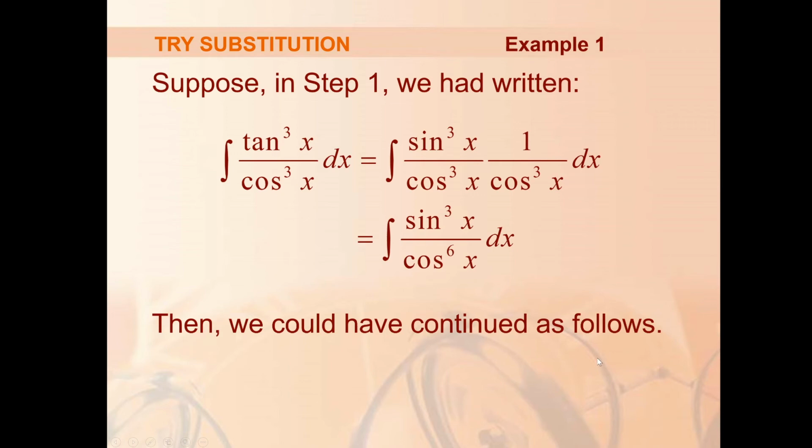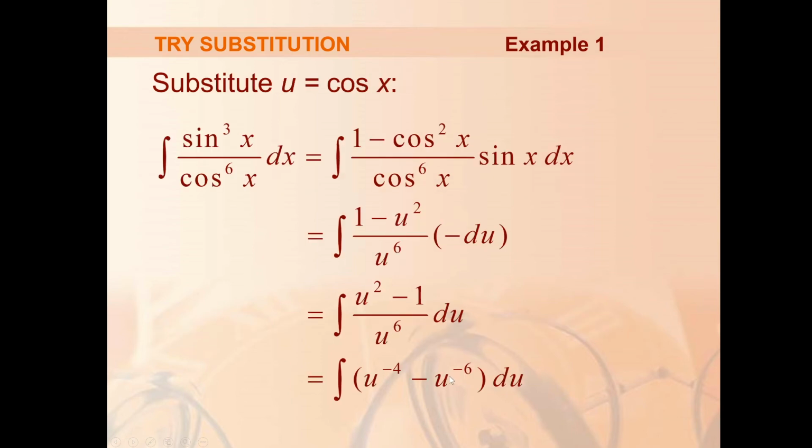Okay, another technique for this: try to use the substitution. Tangent can be written as sine over cosine, so we can do that as well. And then we try to use the split. Let's say sine of x to the power of 3, we can split into sine squared of x and then sine of x. Sine squared of x can be written as 1 minus cosine squared of x.